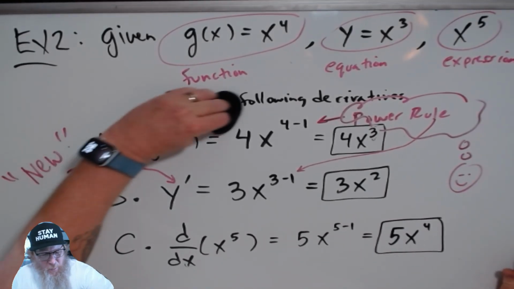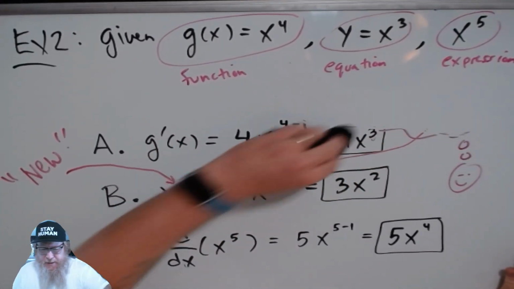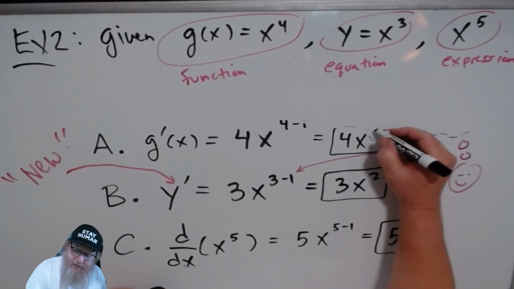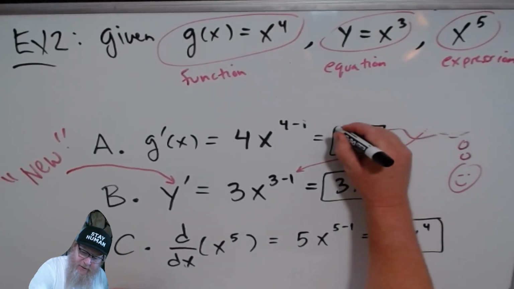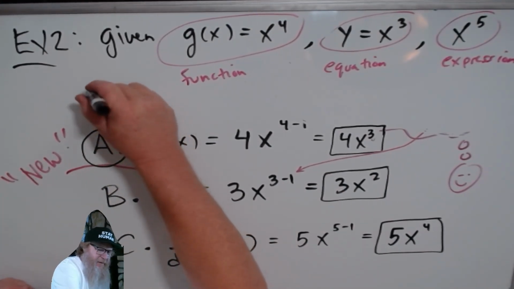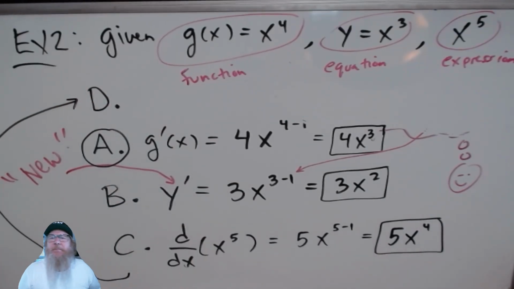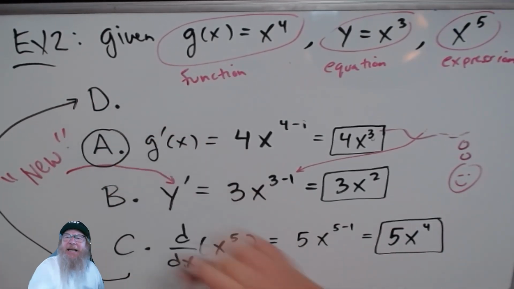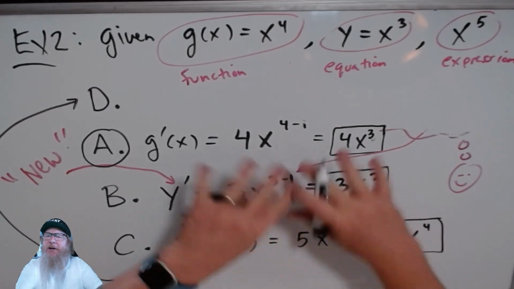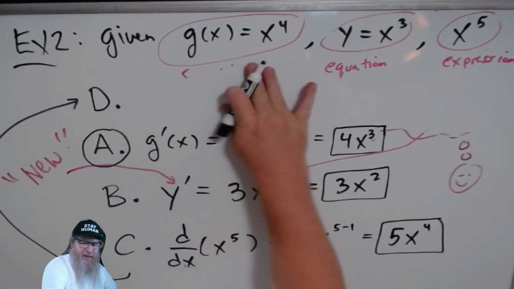Okay. I should make one note before I erase all of this. It occurred to me as I was boxing this last answer, part A could have, let's call this part D. I'm going to do part A again, just one more time, because I already know the answer. I just want to show you one more version of this.